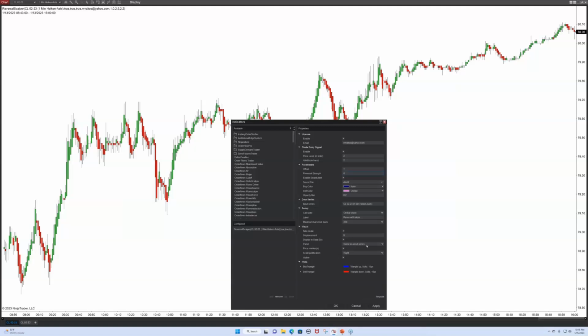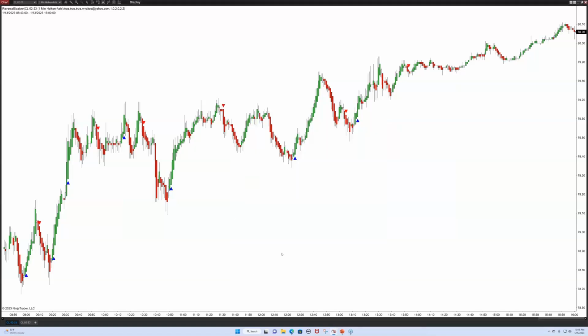Me personally, I like to use a trade entry signal on just about all normal moving markets. If the market's kind of quiet, slower moving markets like bonds, I might turn it off. But this is how it looks, let me get the crosshairs up here, the Heikin Ashi with the signals.